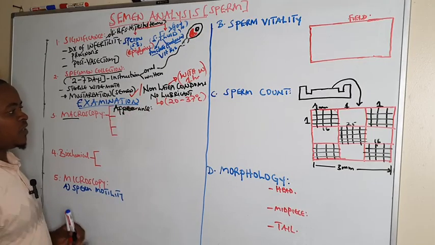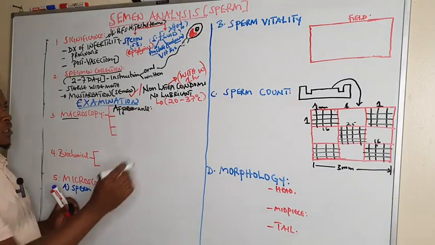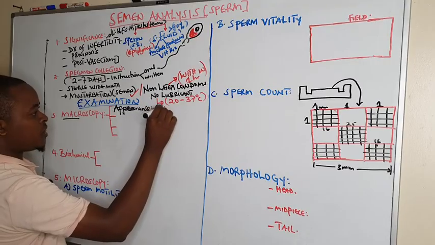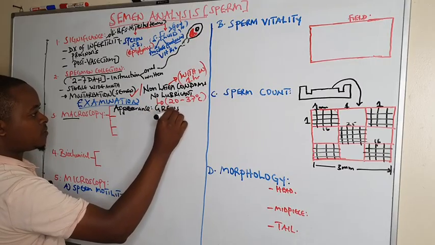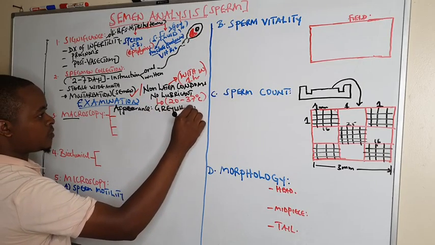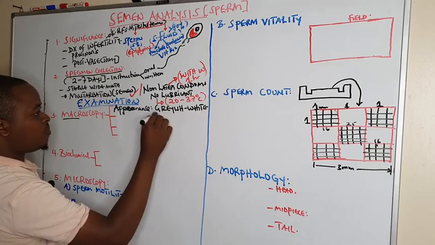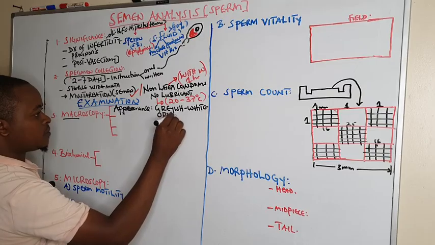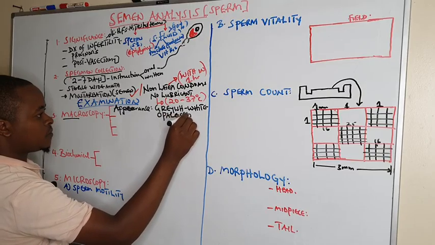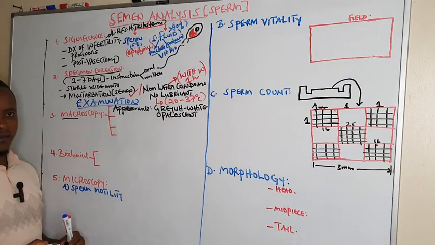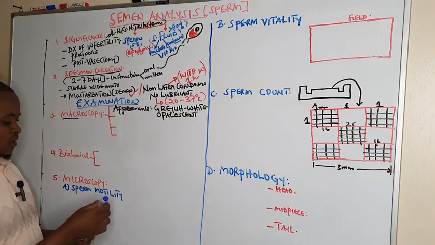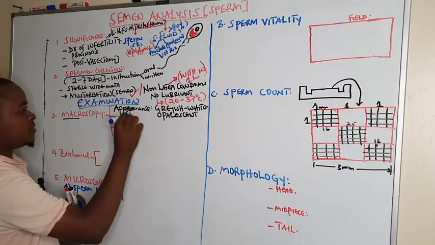The physical appearance of the semen should be grayish white or pearlescent. It should be opaque, and it should be homogeneous.